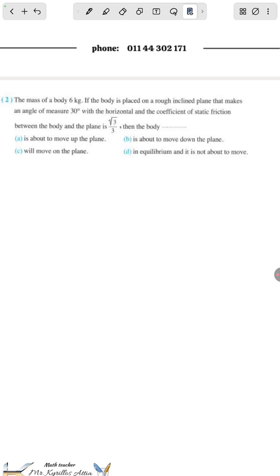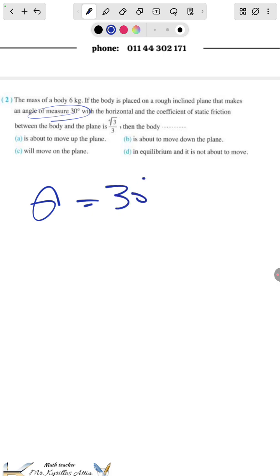body what? Firstly, if the body is placed on a rough inclined plane that makes an angle of measure 30, so theta equals 30 degrees, and the coefficient of friction between the body and the plane is root 3 over 3.